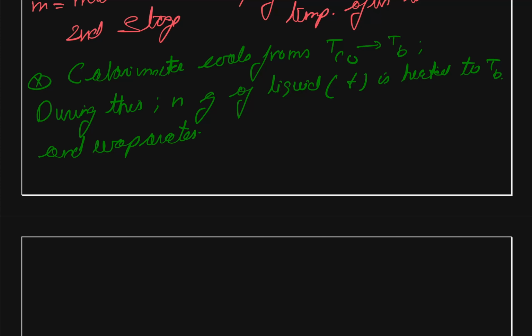So basically, the calorimeter temperature drops to the boiling point of our liquid, and the temperature of the liquid rises from its initial temperature to its boiling point, so that it evaporates.